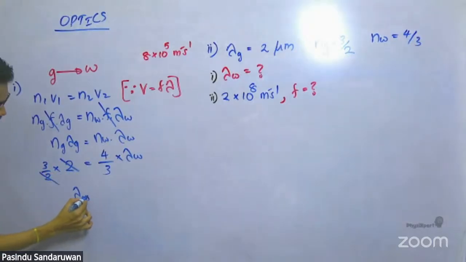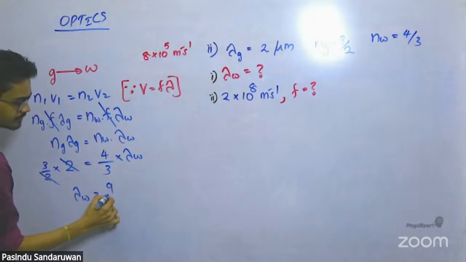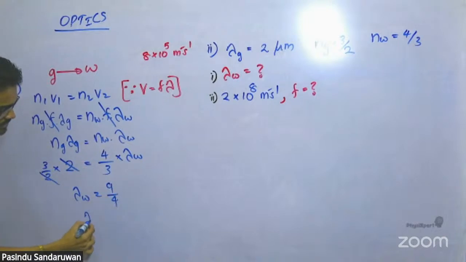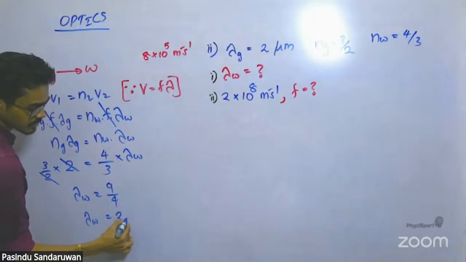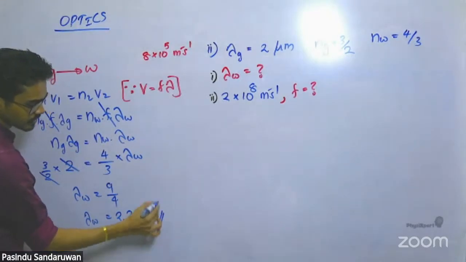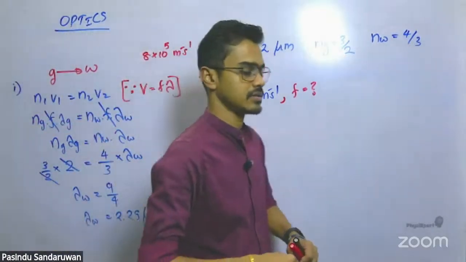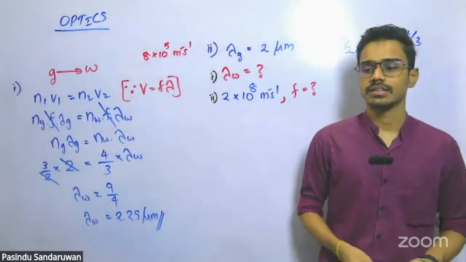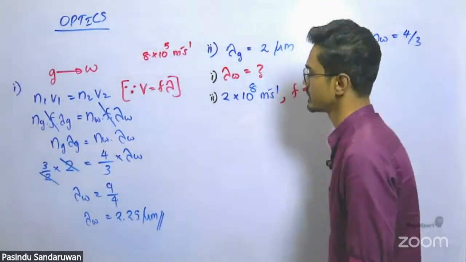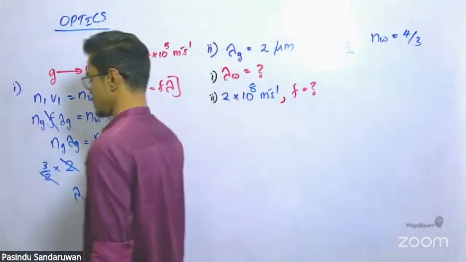Then lambda water equals 9/4, which is 2.25 micrometers. So the wavelength is 2.25 micrometers.